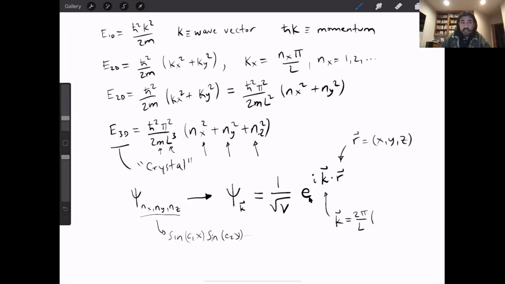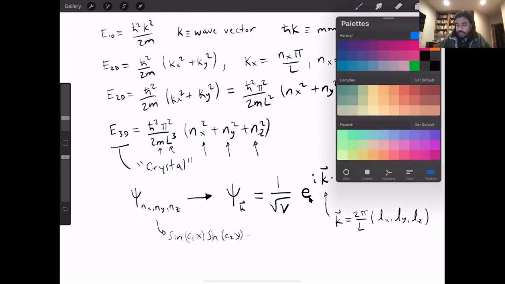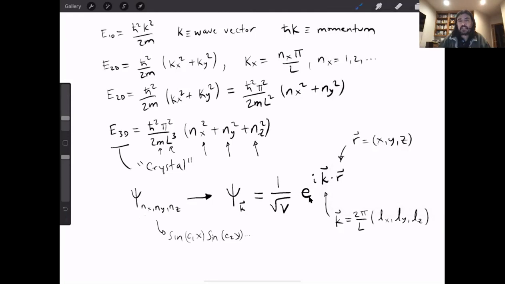So I don't want to use n's anymore. So let me use just little l because they're not the same number. And I'm doing that because Cherith or somebody else is going to tell me that that doesn't work because the boundary condition is not correct. Oh, Arman is going to tell me this.